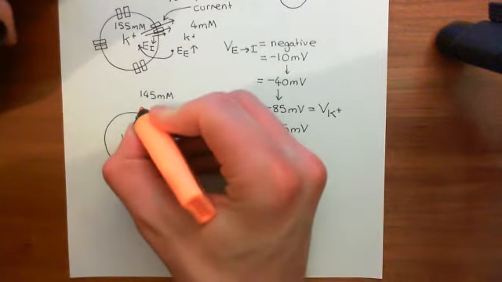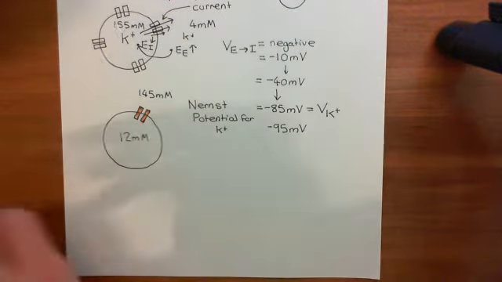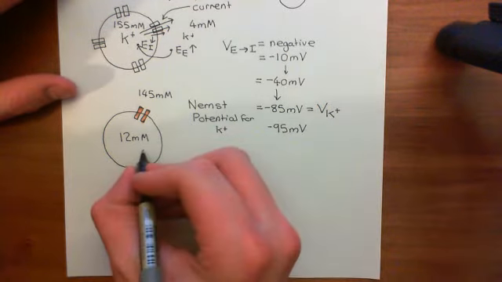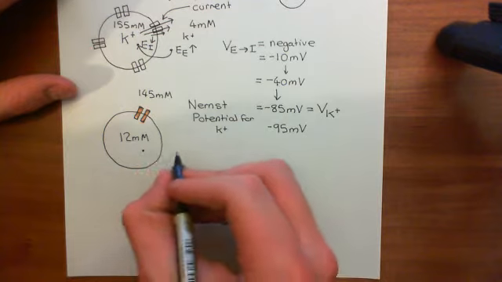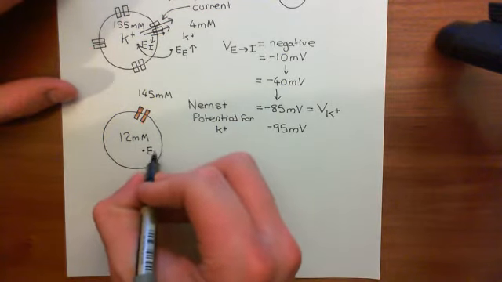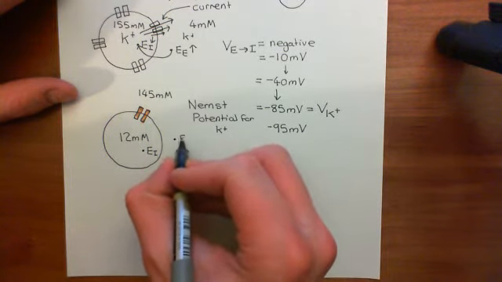Okay, so let's add a bit of colour on here because we haven't used colour once in this entire video. So here is a leaky sodium channel in orange. Again, imagine that the electrical potentials across the cell membrane start off at an equal value, basically.